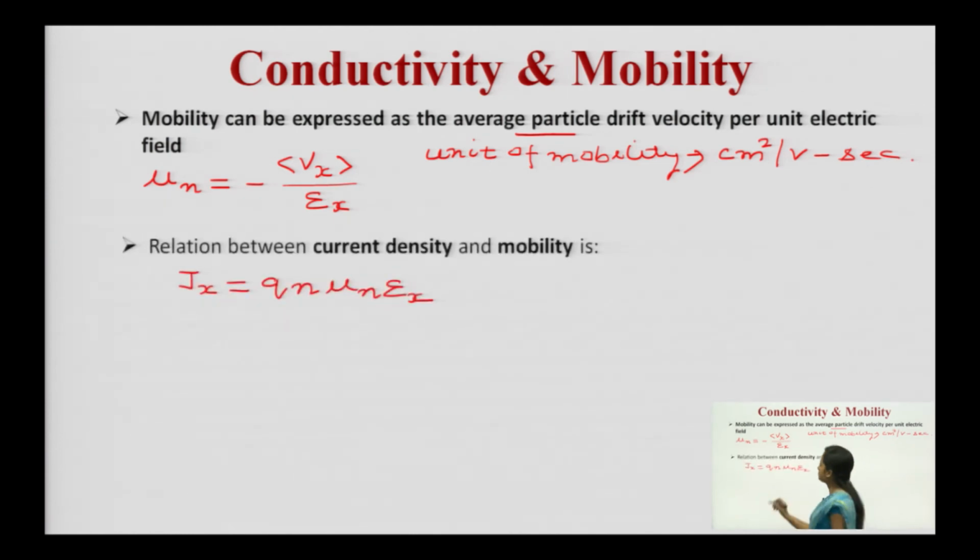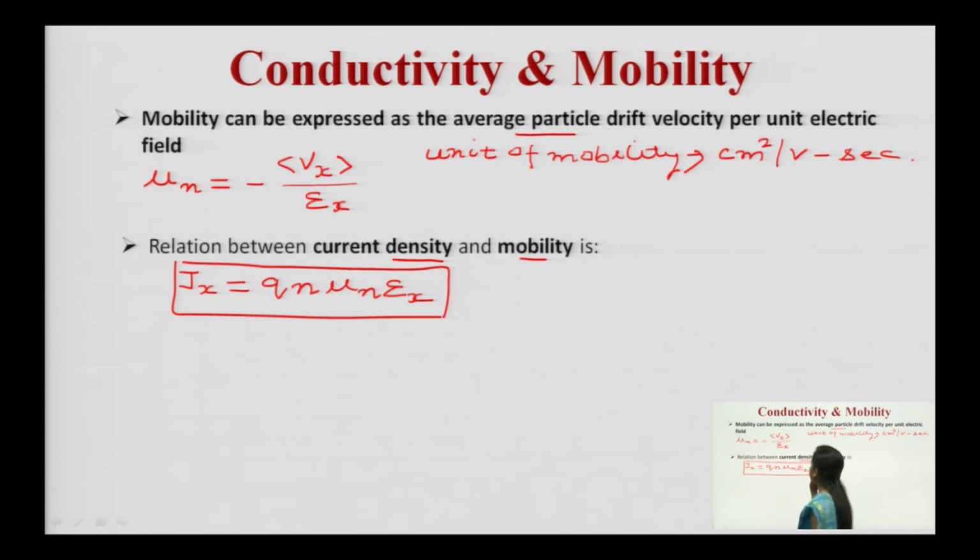Now, relation between the current density and mobility: you know that Jx is nothing but q n μn into Ex. This is the case when only electrons are being considered.